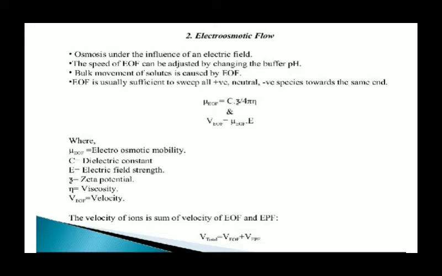The bulk movement of the solute is caused by electroosmotic flow, which is usually sufficient to sweep all positive, neutral and negative species towards the same end. In more detail, under normal conditions the buffer moves towards the cathode, sweeping most solutes, including the anions and neutral species, towards the negatively charged cathode also.